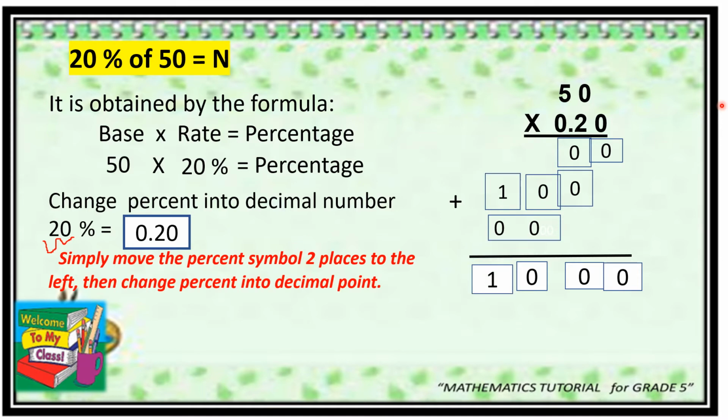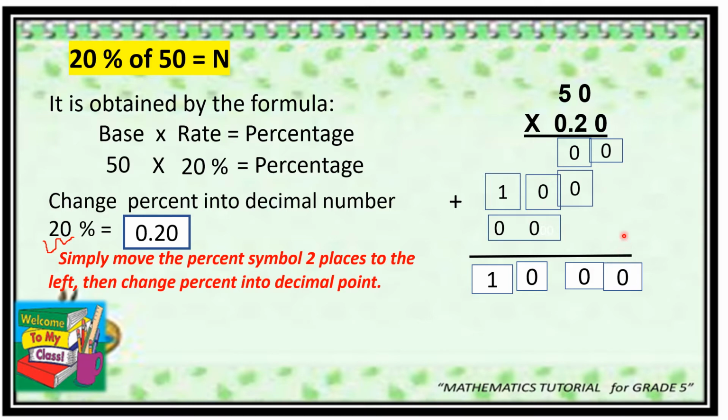Kung mapapansin nyo, wala pa po itong decimal point. Okay. So what are you going to do? You will count the number of decimal places in 0.20. How many decimal places in 0.20? There are 2 decimal places.